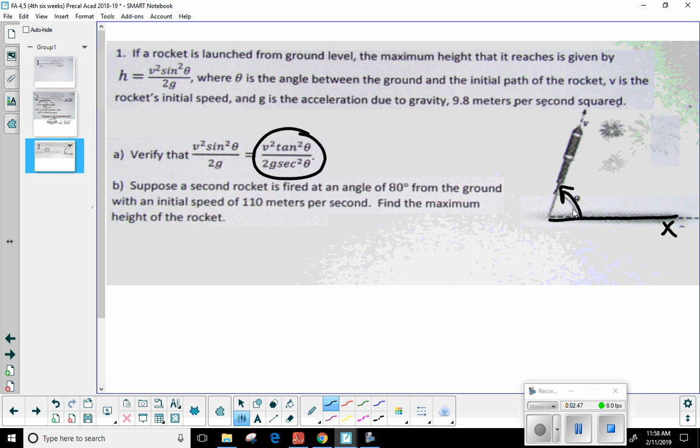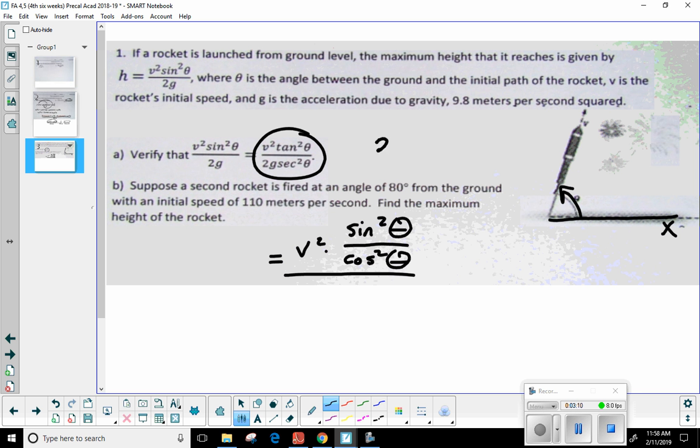What would you do, Brandon? On the top, I would change everything to sine and cosine. Okay, so he says change to sine and cosine. So v squared remains the same. So now tangent squared would be sine squared of theta over cosine squared of theta over... Okay, so secant is 1 over cosine.